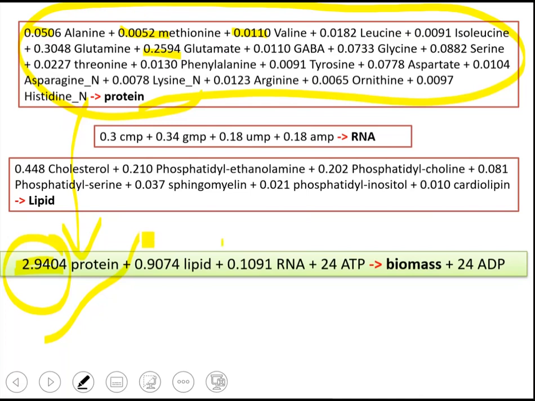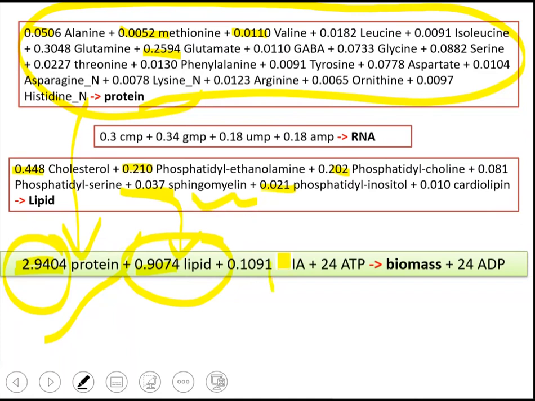The same here, we have lipid here, and this is the lipid reaction here. So you can put this reaction here by multiplying all coefficients here with this coefficient here, then you won't have lipid explicitly in your biomass reaction. Rather, you will have lipid building blocks in your reaction.